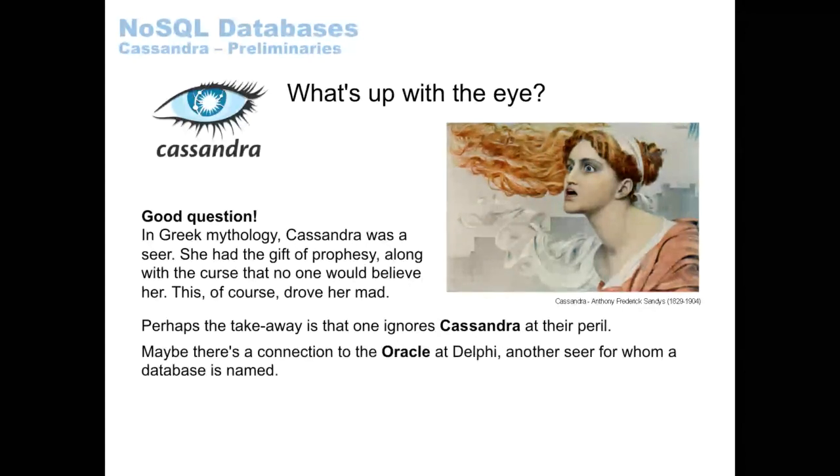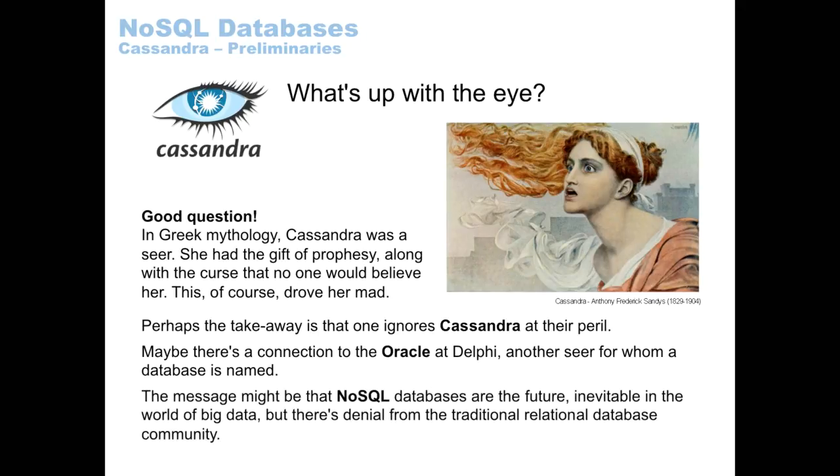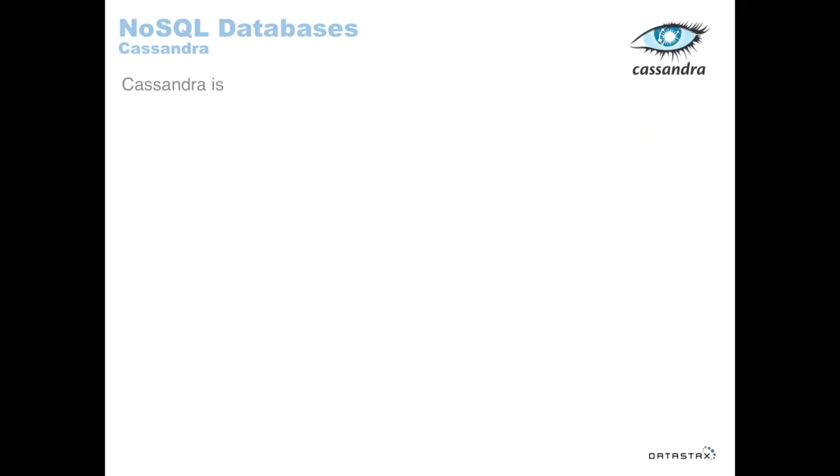Or perhaps there's a connection to the oracle at Delphi, another seer for whom a database is named. Or the message might be that NoSQL databases are the inevitable future of the world of big data, and that there's denial from the traditional relational database community. I couldn't really find a definitive answer out there for where the name Cassandra came from.